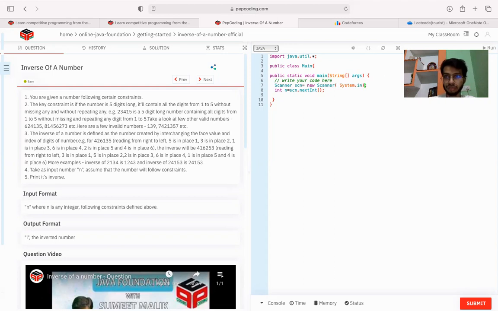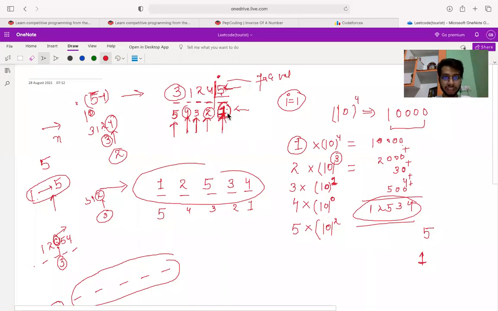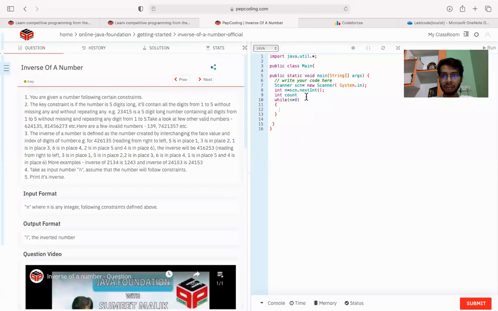So now I need to run a loop while n is greater than 0. Firstly, I'm making a counter variable. This counter will hold the place where I have to put the remainder value, so I'm making a counter variable initialized with 1.